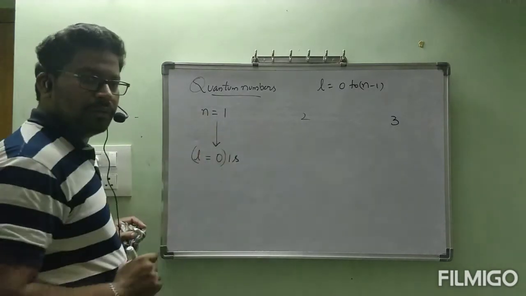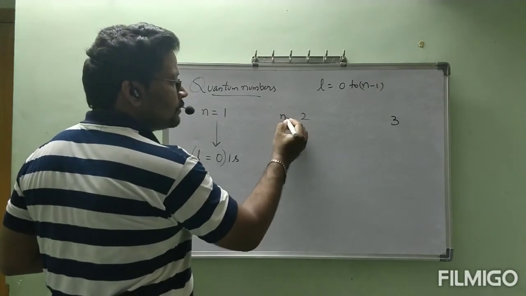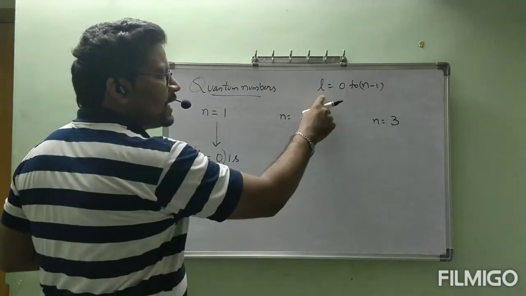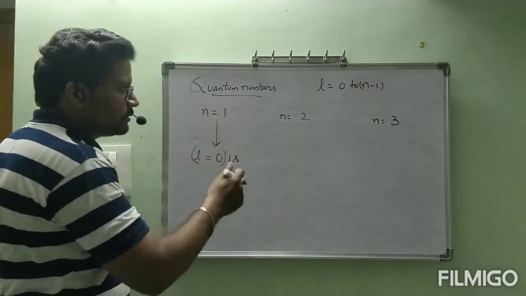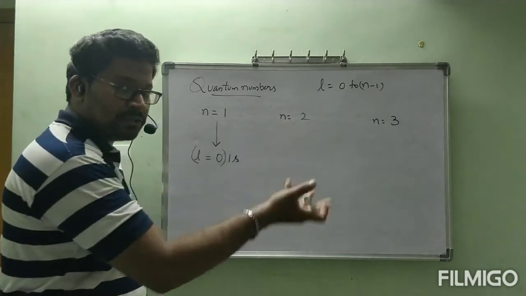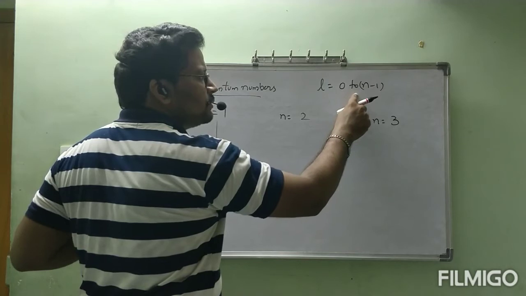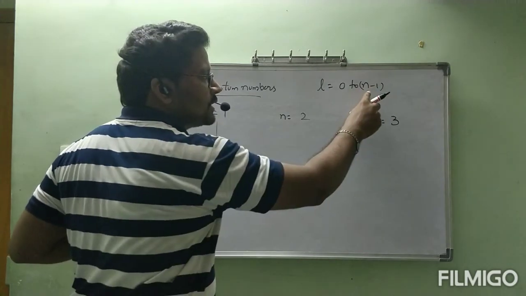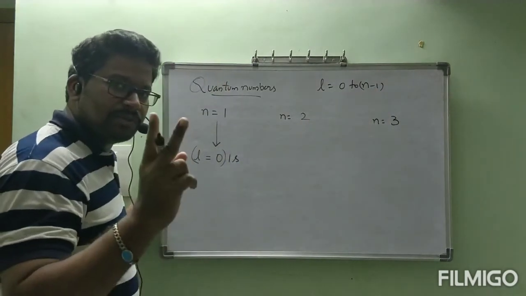Next, coming to 2. N is equal to 2 here. What are the L values? This first shell, it is over. Now we are coming to second shell. N is equal to 2, 0 to 2 minus 1, 1. 0 to 1, how many values are possible? 2 values.